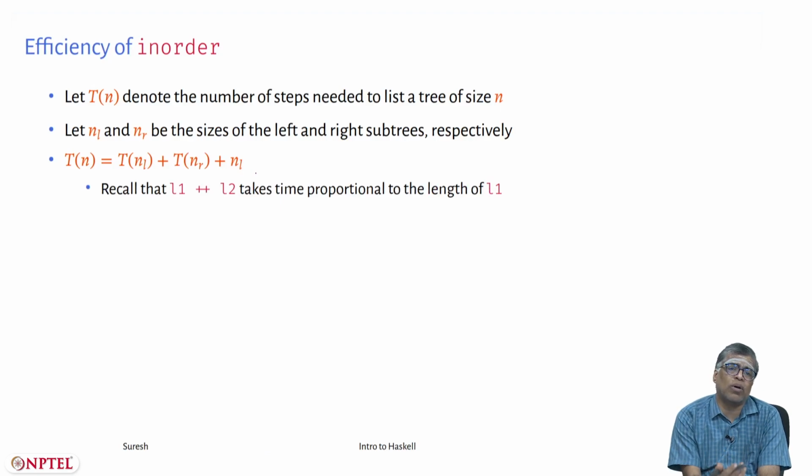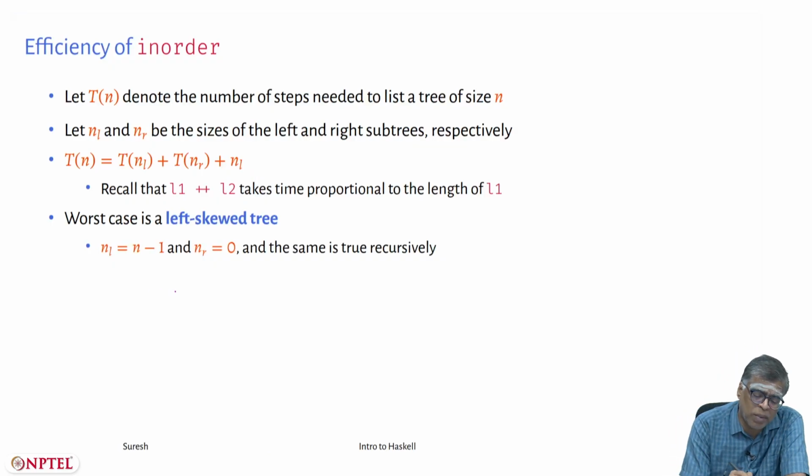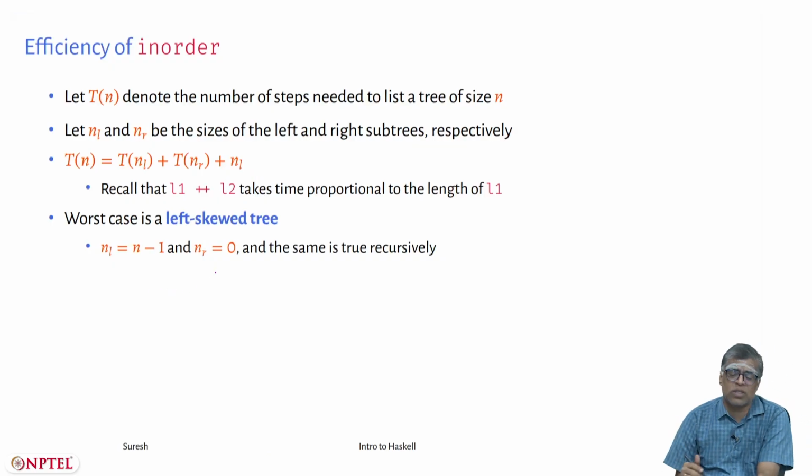Now we do not know what the sizes of NL and NR are. It could be a left skew tree when the size of NL is n minus 1. It could be a right skew tree when the size of NL is 0, right. So we do not know really. The worst case is a left skew tree because NL is n minus 1 and NR is 0, and the same is true recursively of the left subtree as well.